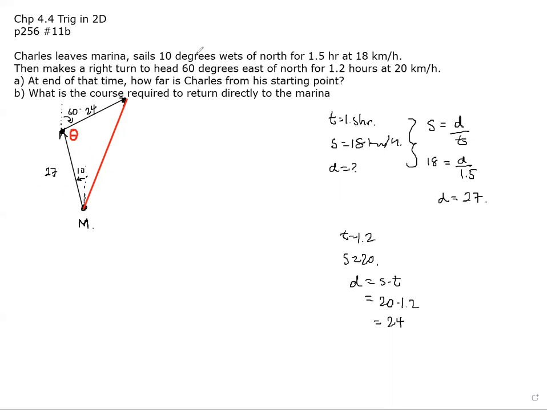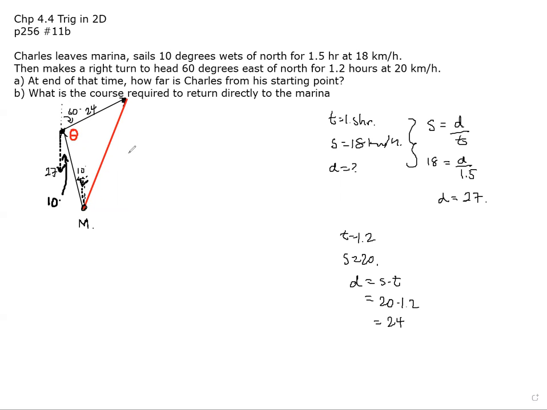Let's call this theta. A couple of things you need to do is I'm going to use this 10 degrees to help me out. Notice that again, by reference of the north, I have 60 degrees on the outside. I also can say that if this bearing is directly north, this dotted line is a perfect horizontal, directly south. I essentially, in my head, created parallel lines, which makes this exterior angle 10 degrees. 60 degrees, 10 degrees, what's left over?